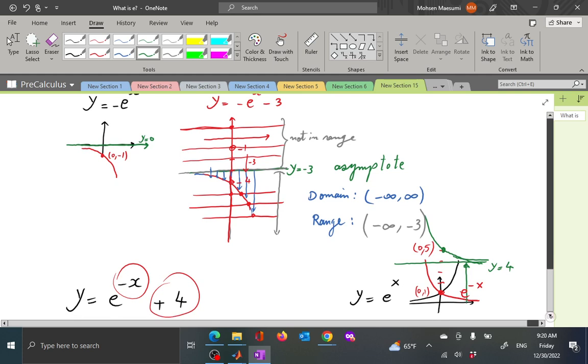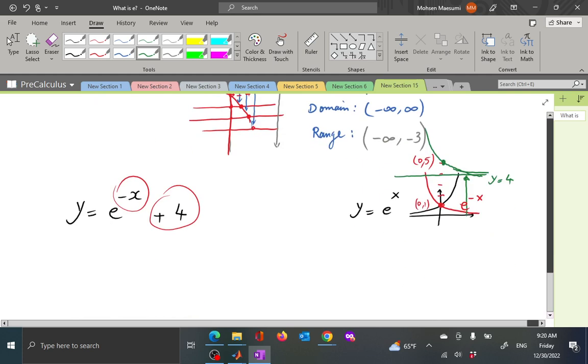So can you say quickly what is the domain and range? Domain of this, again, all x's are fine, so we go all the way from minus infinity to infinity. How about the range? The range starts at all points above 4. So it starts at 4 and goes all the way to plus infinity.